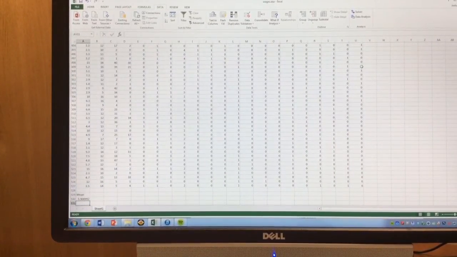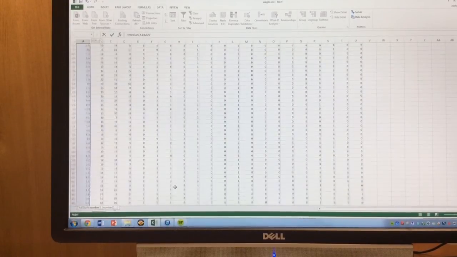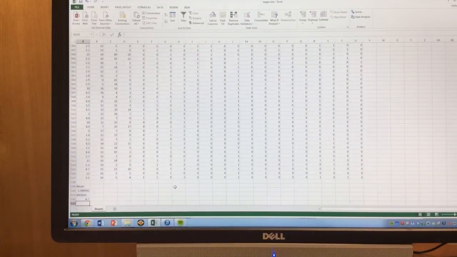Okay, so I want to find now the median. For the median, I type equals median, and I highlight that same exact row. The median is 4.7, and the mean is 5.91. What that tells us is the mean is just adding them all up and dividing by the number of observations.